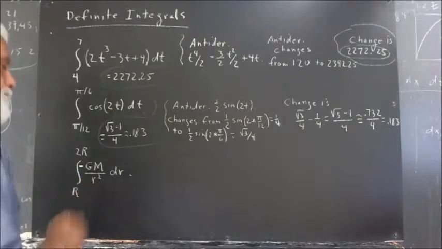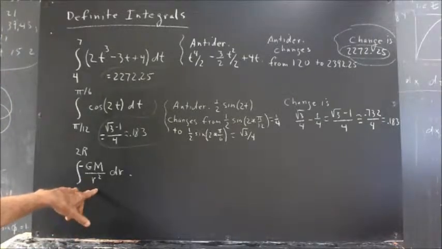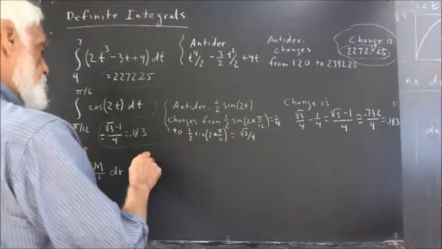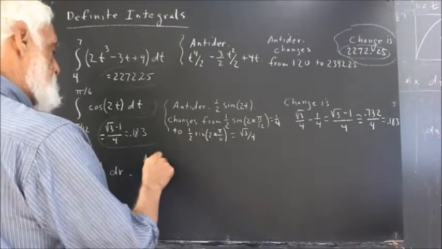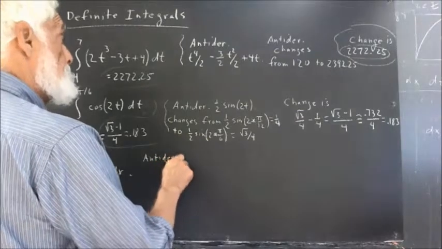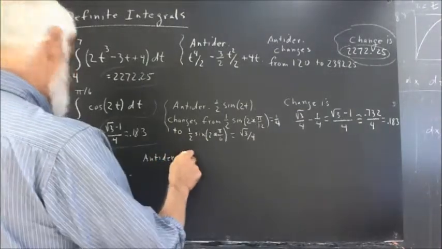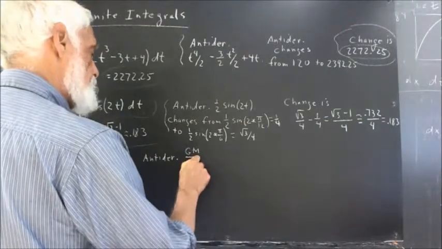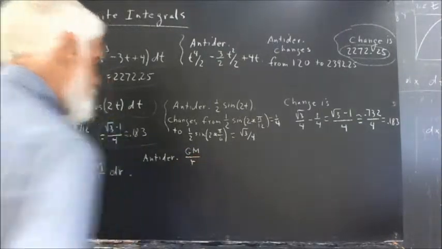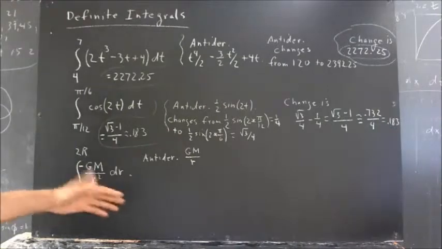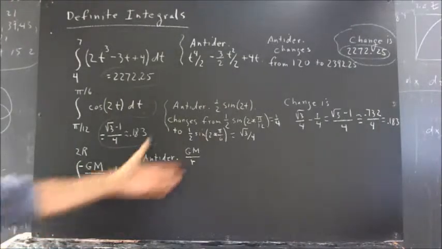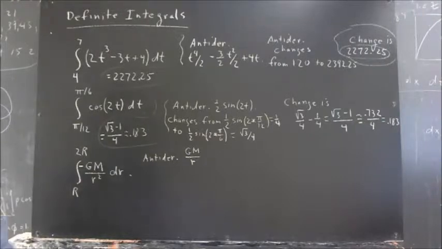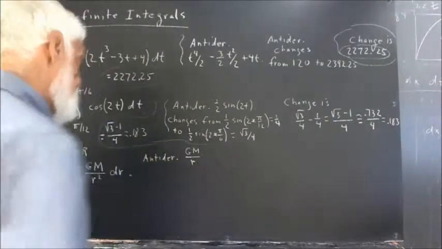The derivative of 1 over r is negative 1 over r squared, so the antiderivative is nothing but GM over r. Very simple antiderivative. Of course, you can take the derivative of this function and verify that you do indeed have an antiderivative here.